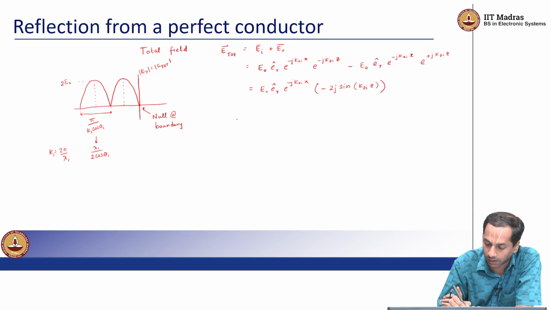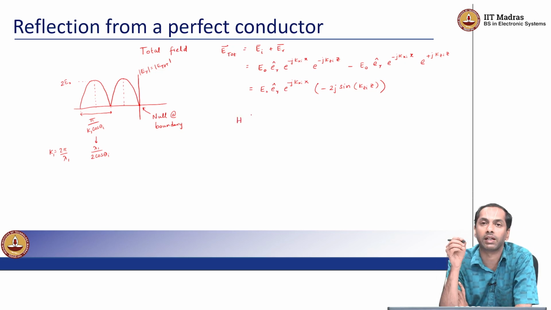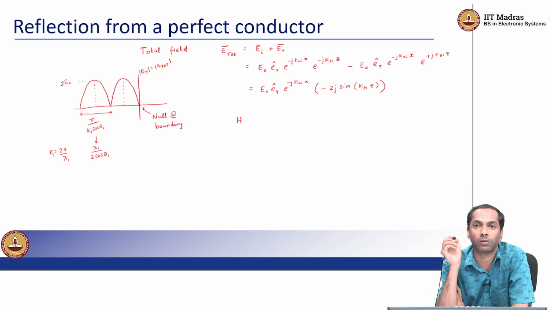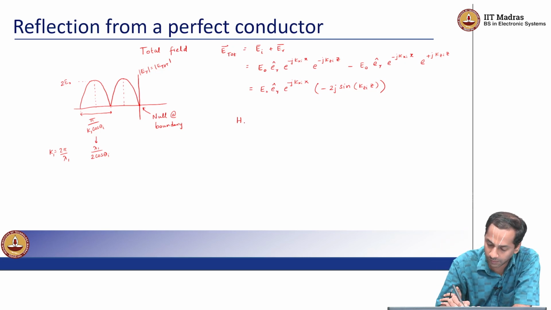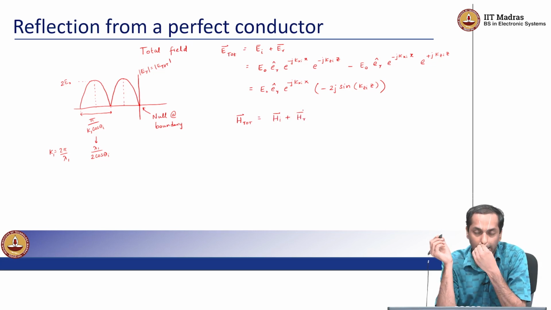So what can we comment about H? But remember, H has both the x component and the z component. But nevertheless, we can always write that the net magnetic field is the sum total of the fields caused from the incident and the reflected waves.